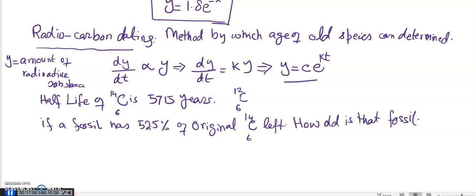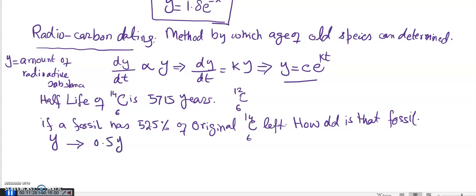So what we can do over here is first of all apply this information of half-life. Half-life means if the original value of the radioactive substance was Y, then after half-life it will be 0.5Y.